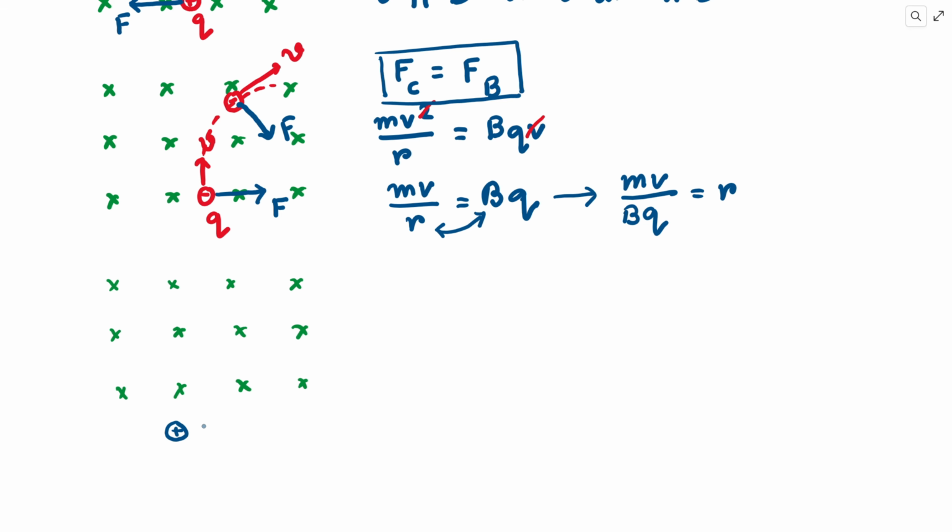Let's say they're all positively ionized, but they have slightly different masses from each other. If you send these charged isotope particles into this magnetic field, they will all enter at the same velocity, but because they have different masses, you can see from here the mass and the radius are proportional to each other as well.